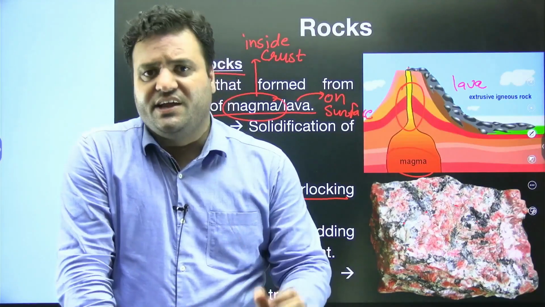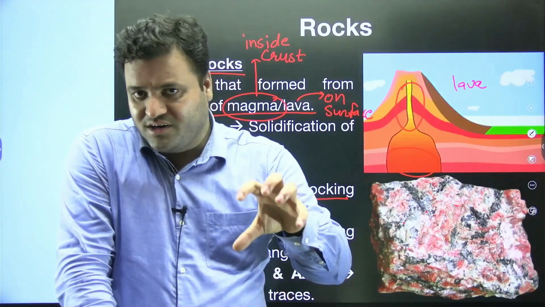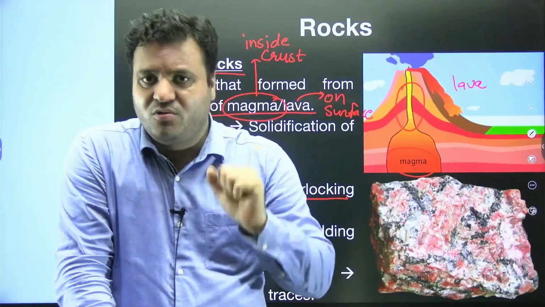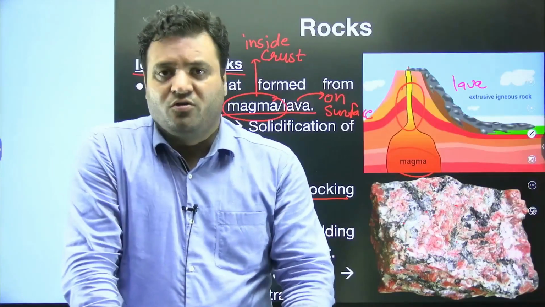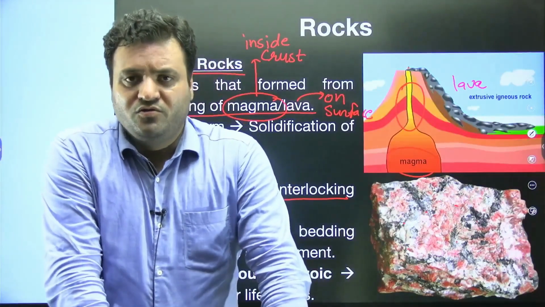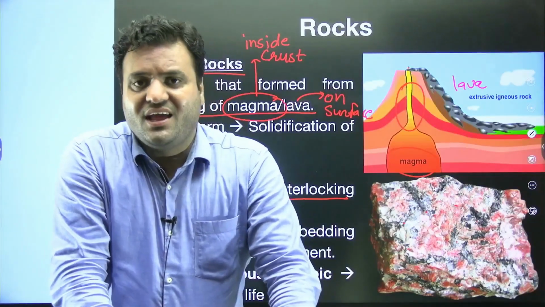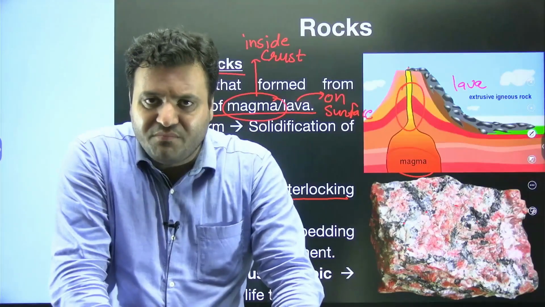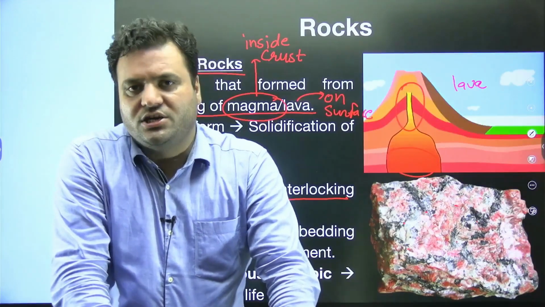And this igneous rock is the purest form of rock, because it is the result of the fire which is there in the outer core. It is the result of those molten rocks, those liquid rocks, which are the result of radioactive decay, of intense temperature and pressure. Let's say a fire-like condition.